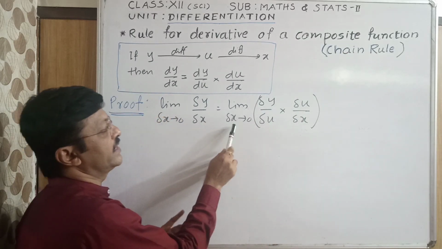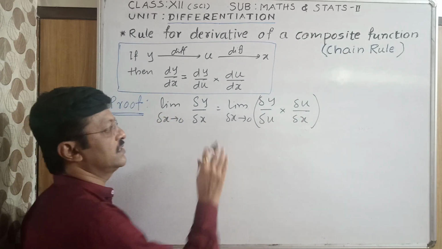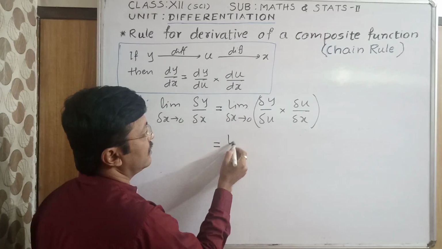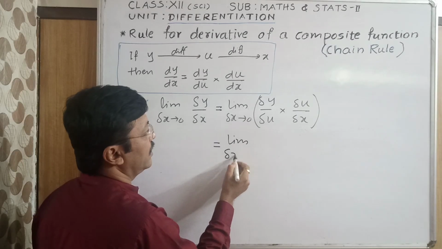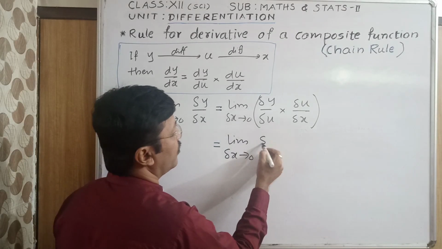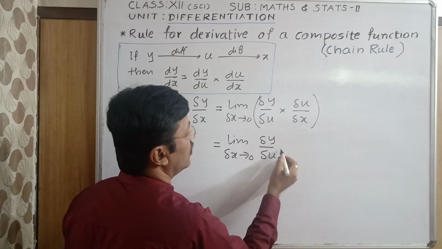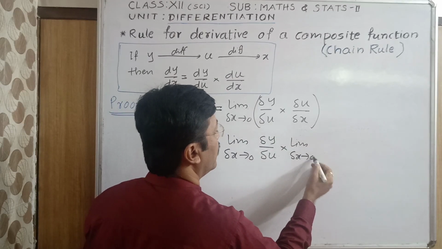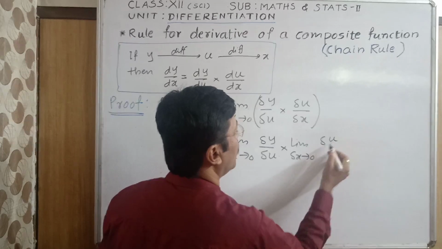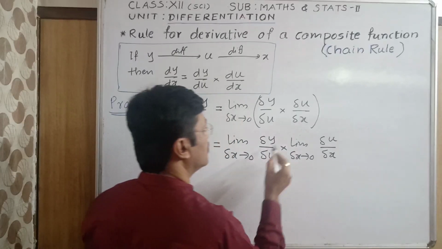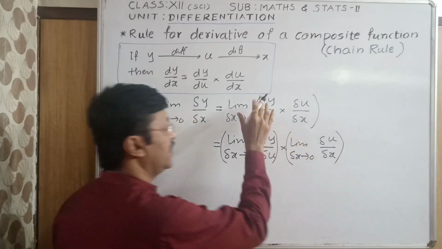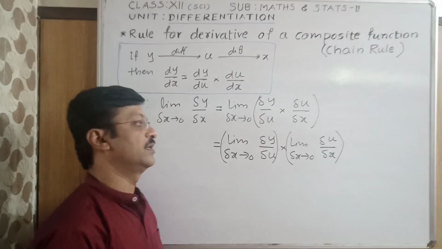Then we took the limit as delta x tends to 0 on both sides. Now I shall separate the limits on the right hand side: the limit as delta x tends to 0 of delta y by delta u, into the limit as delta x tends to 0 of delta u by delta x. So in this step we have separated the two limits.